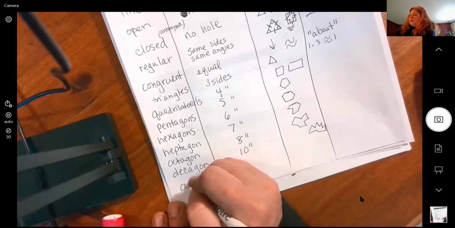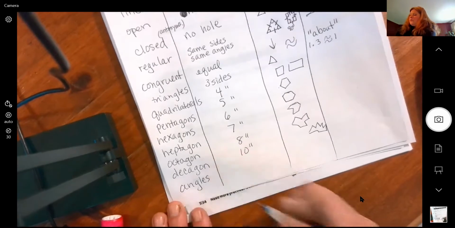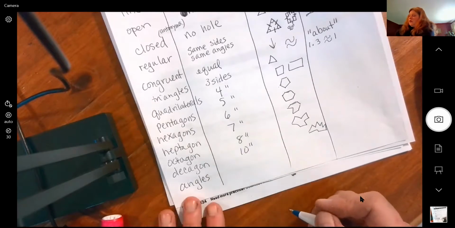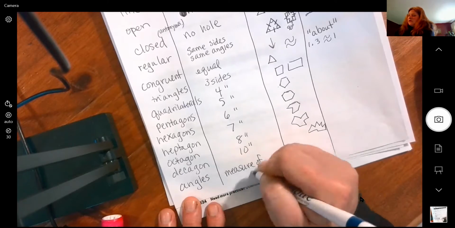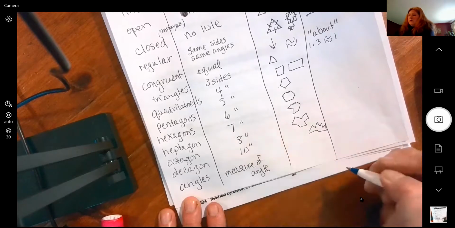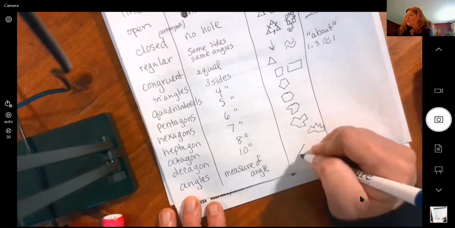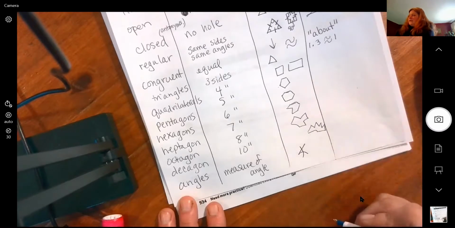And then today, our new word we're going to be focusing on is angles. And that's the measure of an angle. And we're just going to show our picture today. That's how we write it in geometry terms.